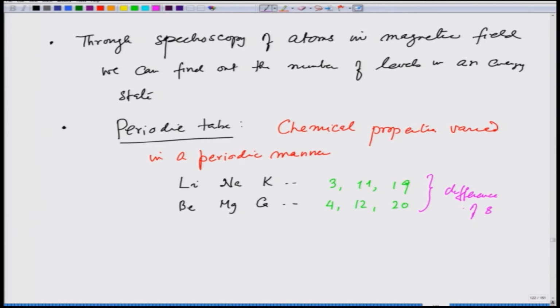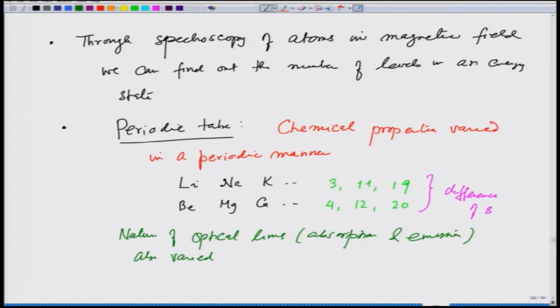With a difference of 8, periodically the properties change. Not only that, the spectroscopy, the nature of optical lines, that means absorption and emission, also varied in periodic fashion.